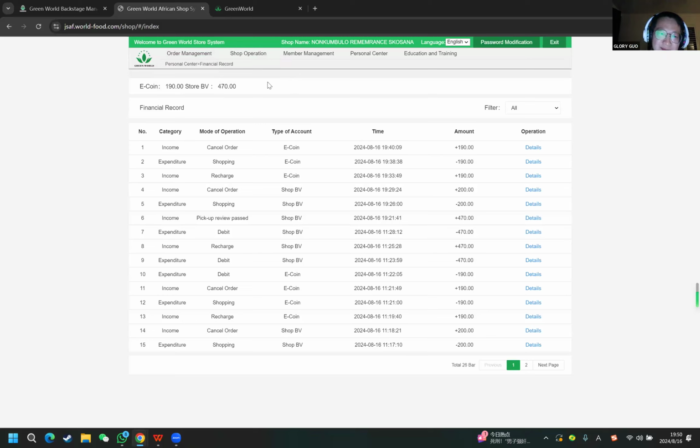For example, some of the branches use the e-currency, or the e-coin, the store coins, something like that. Just different names or different steps. The main thing, they are almost the same.